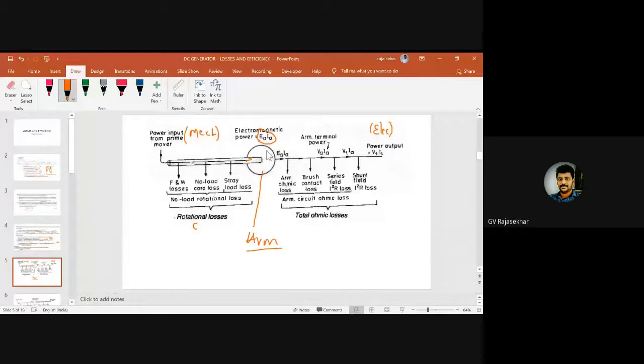Out of this generated power, some power is wasted as ohmic loss: brush contact loss, series field loss, and shunt field loss.